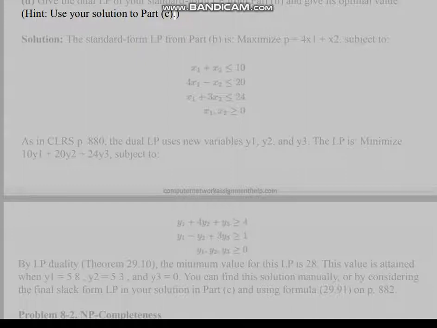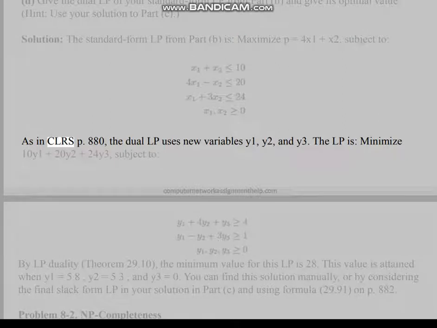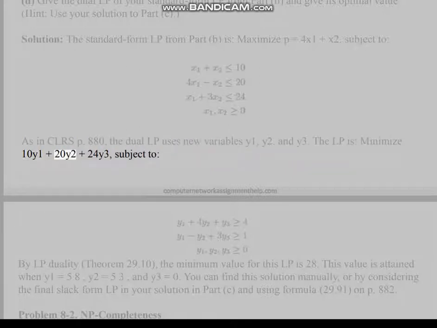Solution: the standard form LP from part B is maximize p = 4x1 + x2, subject to. As in CLRS page 880, the dual LP uses new variables y1, y2, and y3. The LP is minimize 10y1 + 20y2 + 24y3, subject to.